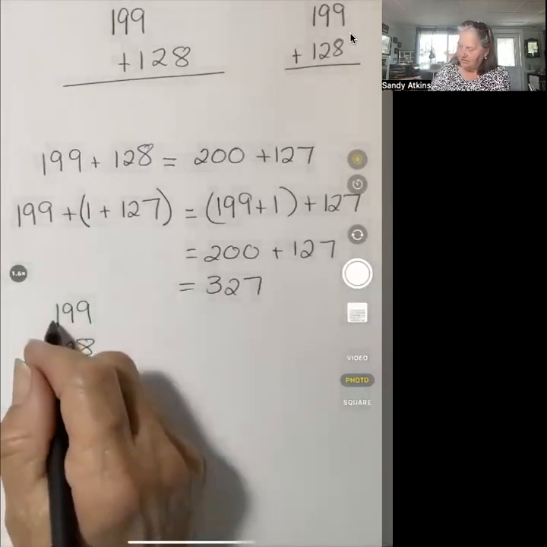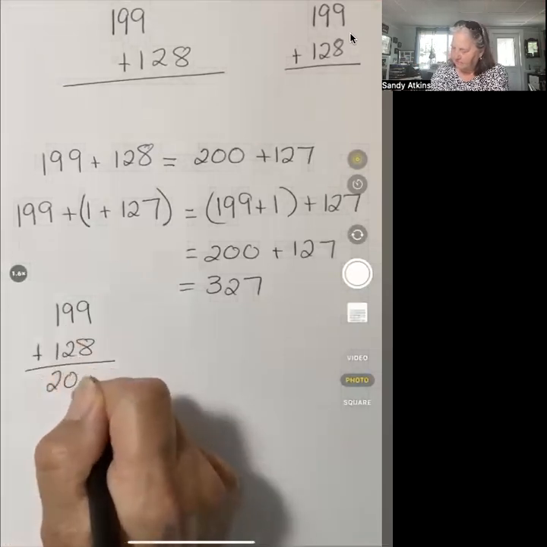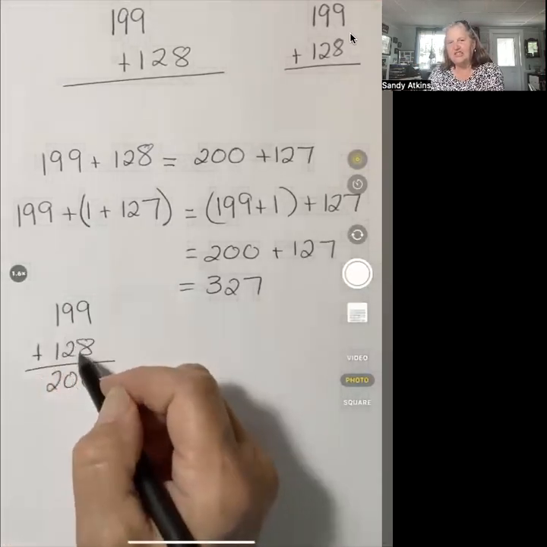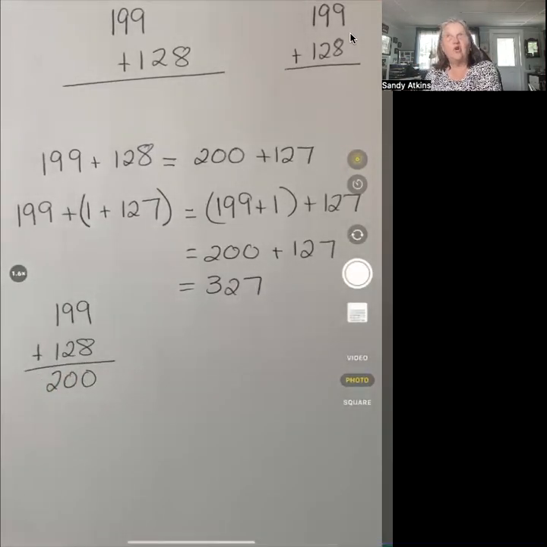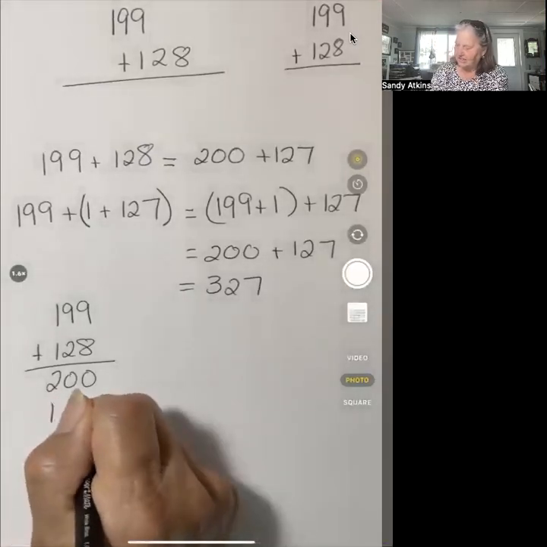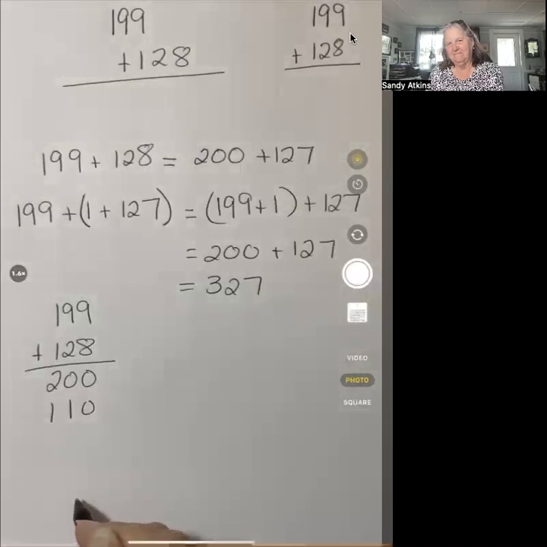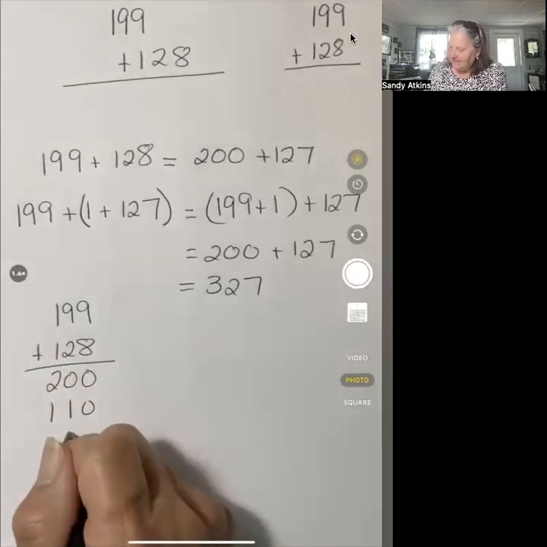So here, 100 and 100 is 200. 9 tens and 2 tens is 11 tens, or 90 and 20 is 110, or still 11 tens. What's another way I can make 11 tens? With 100 and 110. And what's 9 and 8? 17.